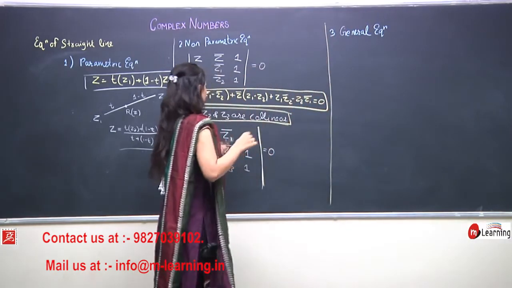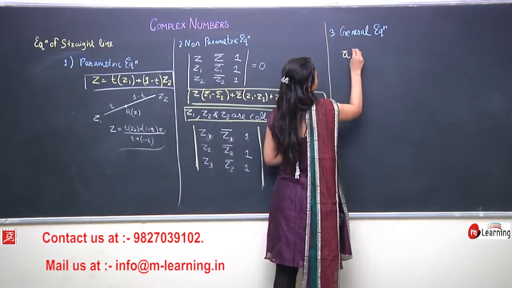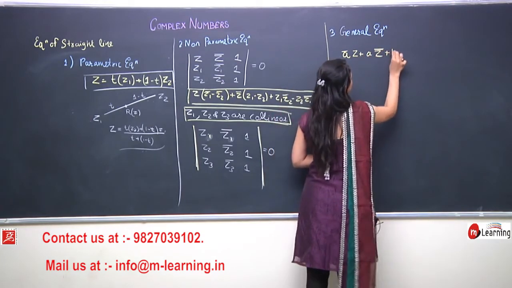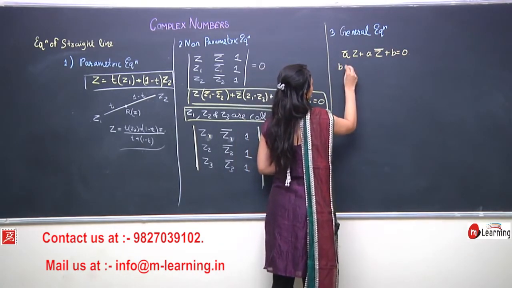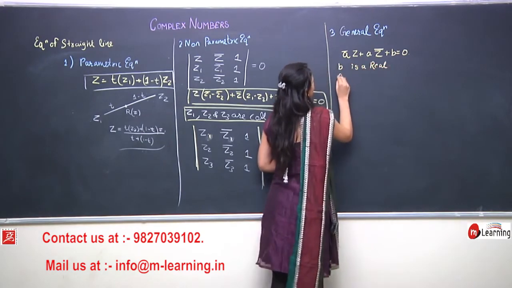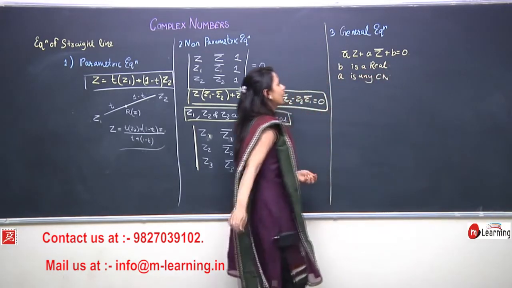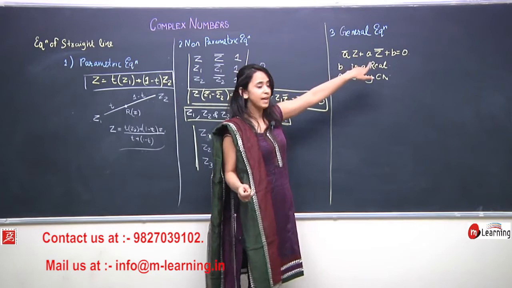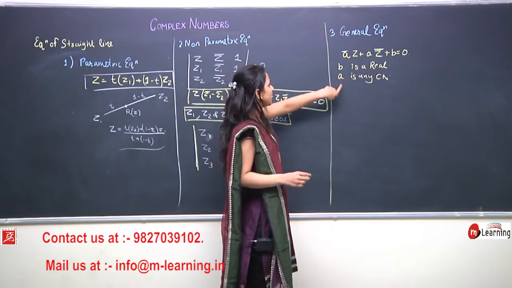The general equation for a straight line in case of complex numbers is given by a bar z plus a z bar plus b equals to 0, where b is a real number and a is any complex number. Once again repeating, the general equation is a bar z plus a z bar plus b equals to 0, where a is any complex number and b is a real number.